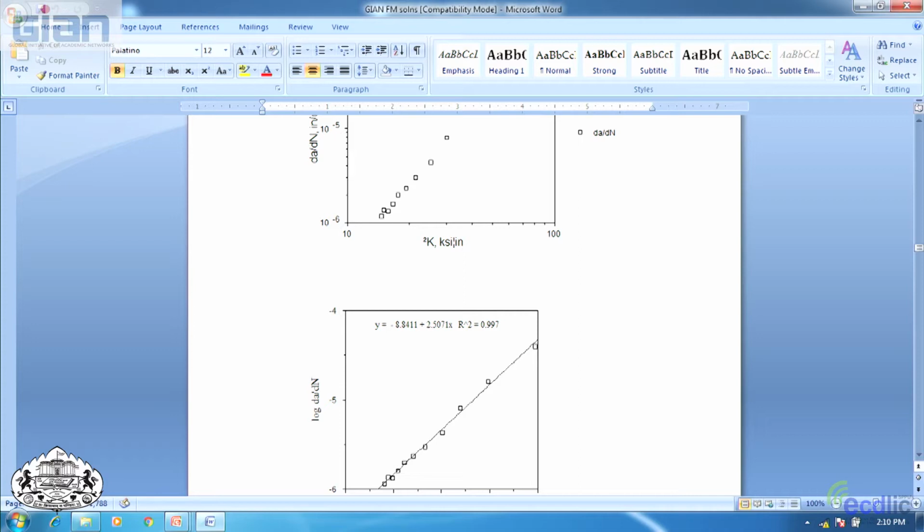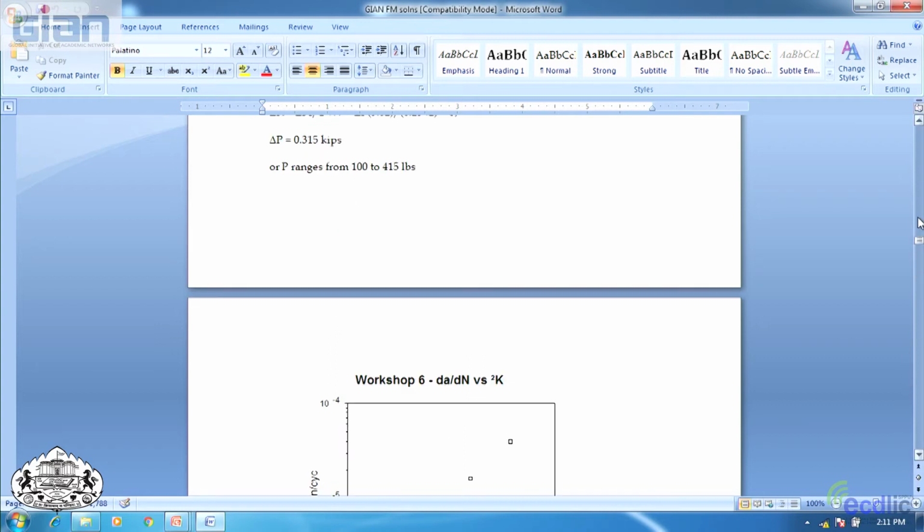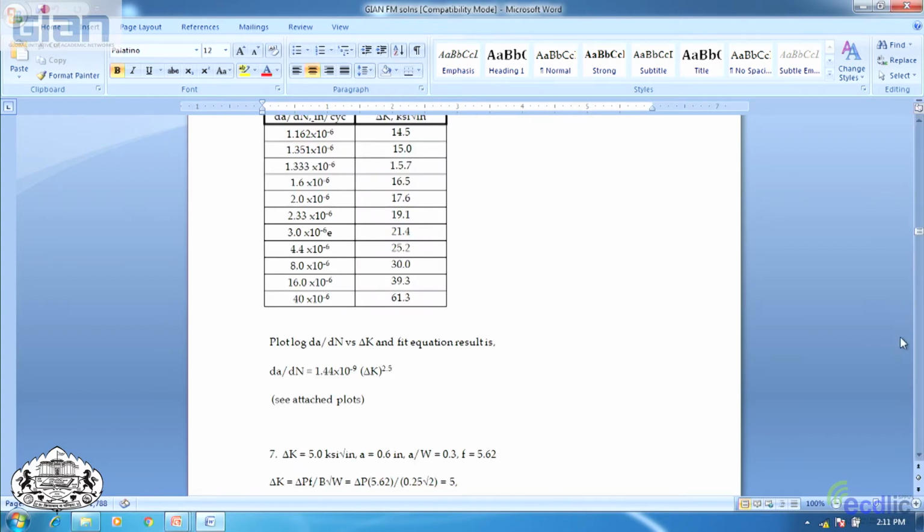Now I use base 10 log. You could use either one. It would fit either, but base 10, I did that inverse. So that is then da/dN and delta K. So this is the approximate fit.